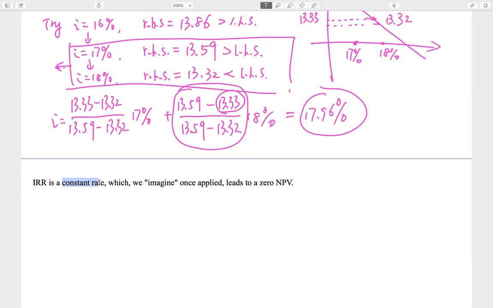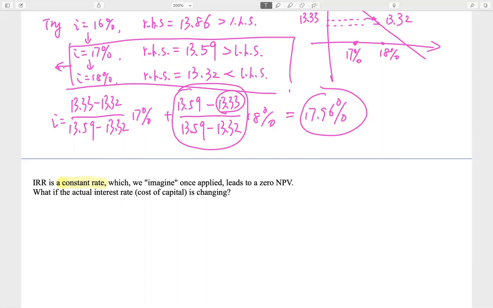It's a constant rate. Okay. So now the question is, what if the actual interest rate or cost of capital is changing?